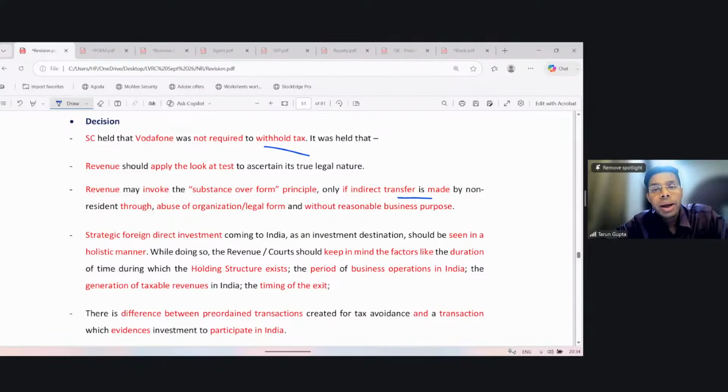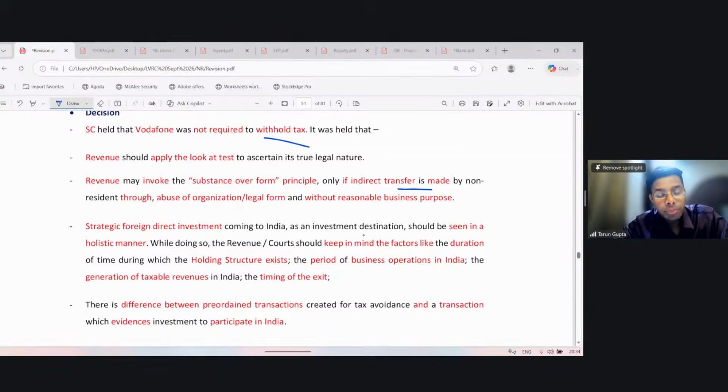All these factors play an important role to determine whether the transaction is genuine or preordained. The difference is between a preordained transaction created for tax avoidance and a transaction which evidences investment to participate in India.